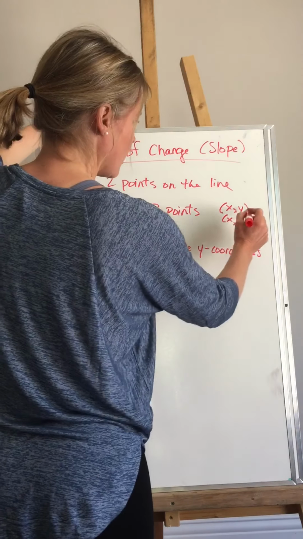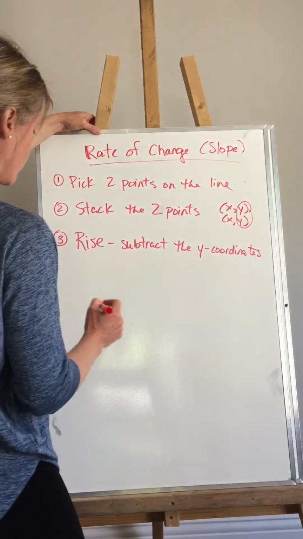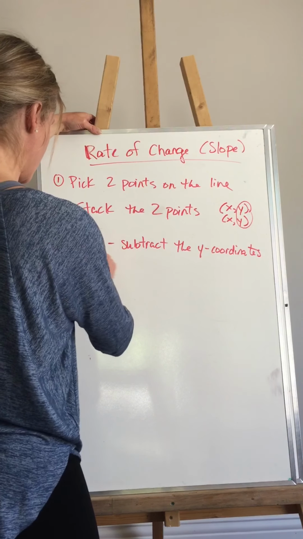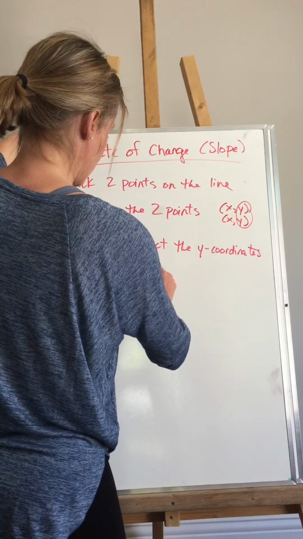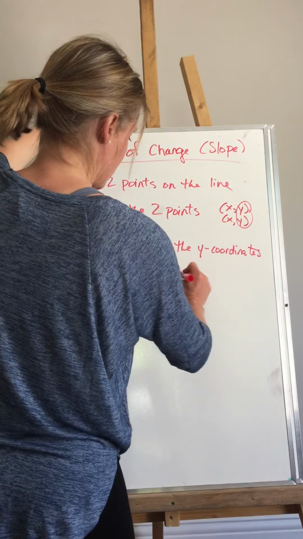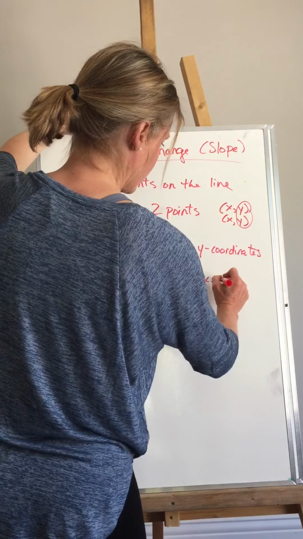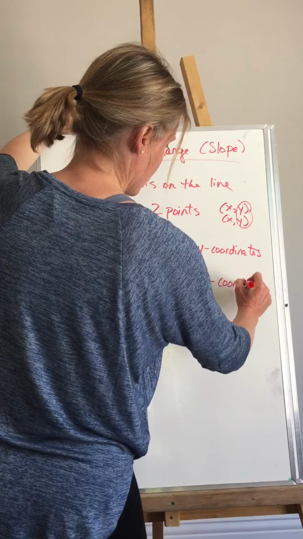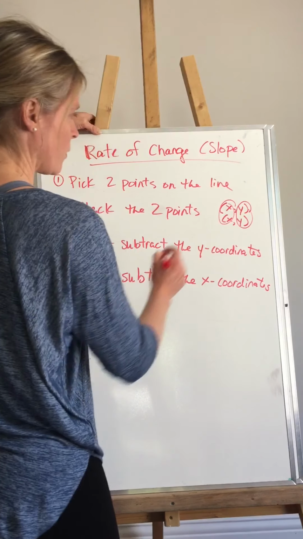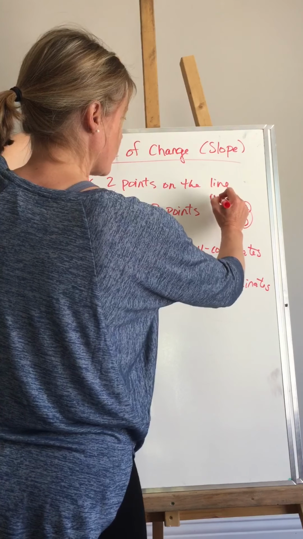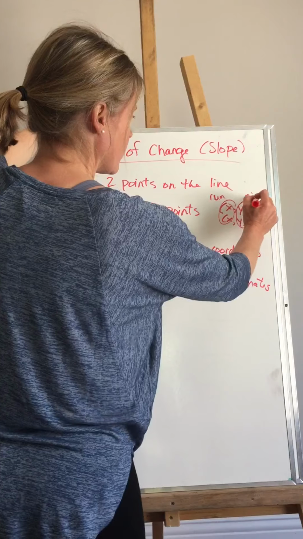So for your rise, you are going to subtract the y coordinates, okay? For the run, that's when you subtract the x coordinates. Okay, so that's the rise, this is the run.